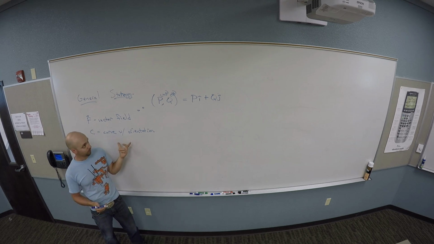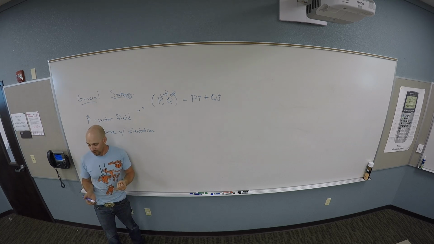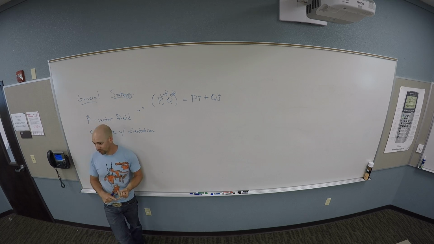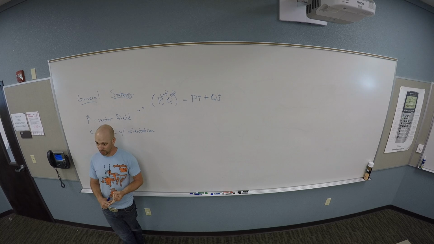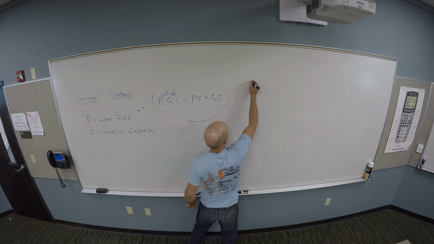On the curve, well, you have a couple of tools, right, for calculating line integrals. You can either try to apply the fundamental theorem of line integrals, or you can parameterize and use this, right? Like, okay, I've got two strategies.